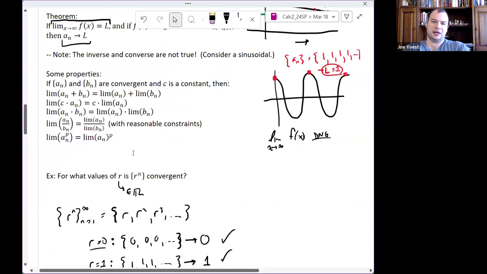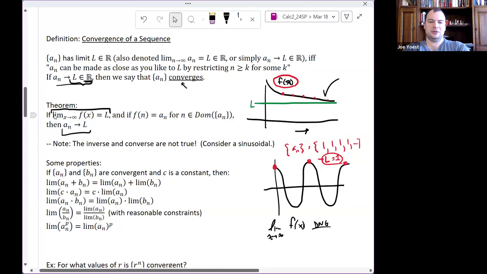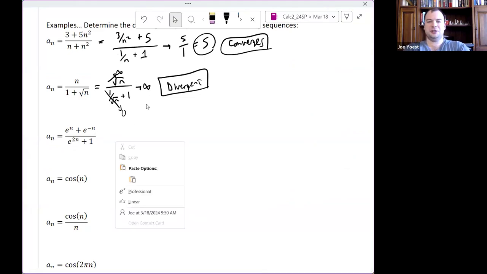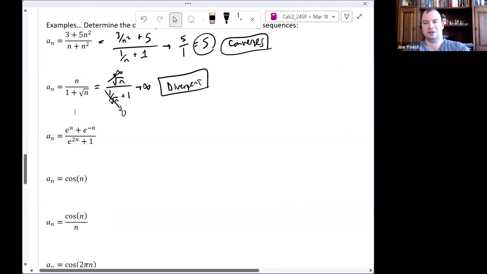And I suppose I could expand this, where I originally stated L as a real number, to L equals plus or minus infinity. If this limit was plus infinity, then these a_n would have to go to plus infinity, and same with minus infinity. So I suppose in this case, I actually could have used the revised or expanded version of that theorem.